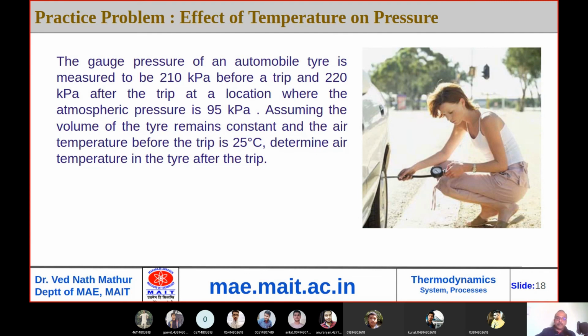But what I want to tell you from this question is, these are gauge pressures. These are not absolute pressures. So what you should have done is add atmospheric pressure to this. This will become P1, 210 plus 95. 220 plus 95 becomes P2, and then find out the ratio multiplied by 25 to get T2.